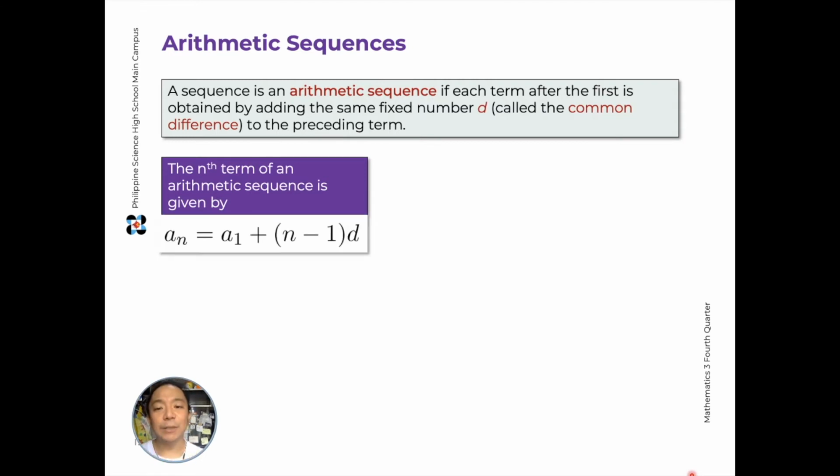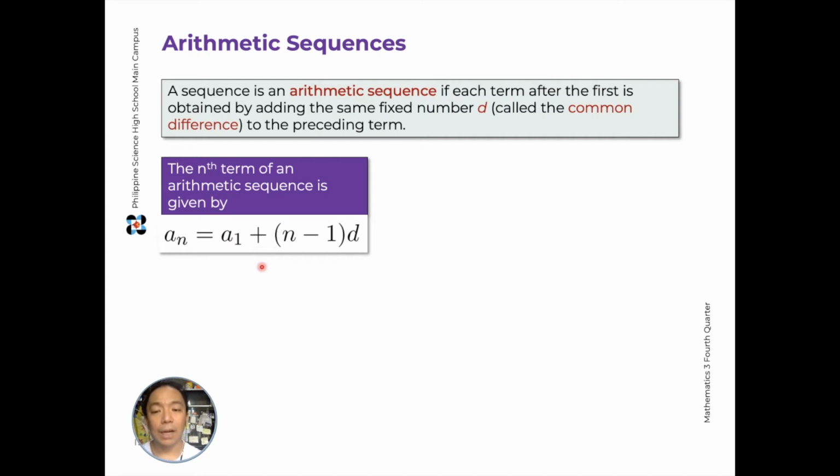Let's try to see kung bakit siya logical. The nth term is the first term plus the common difference times n minus 1. Bakit siya logical? To get to the second term, you're adding d. To get to the fifth term, you're going to add the common difference to the first term 4 times.